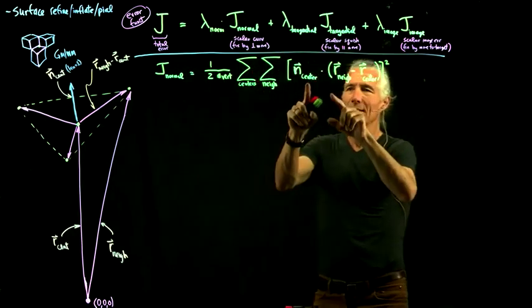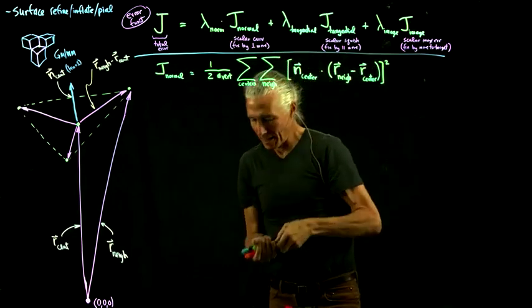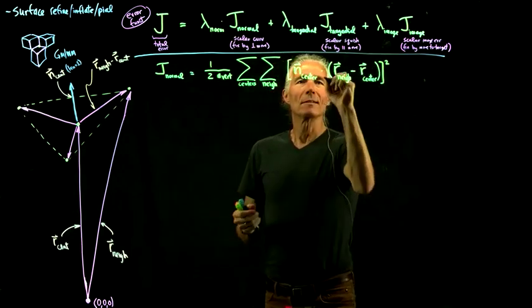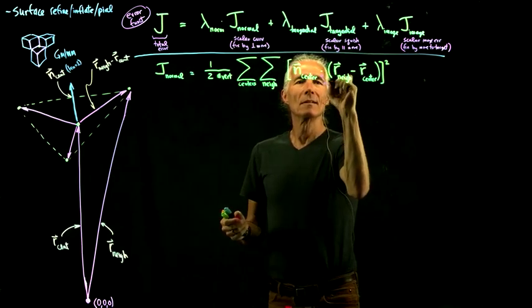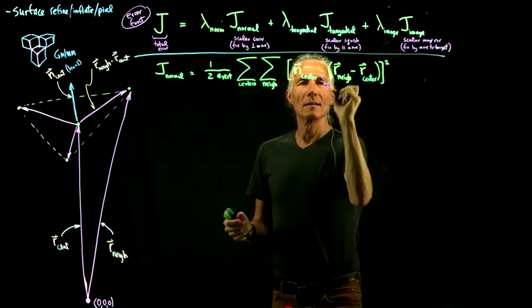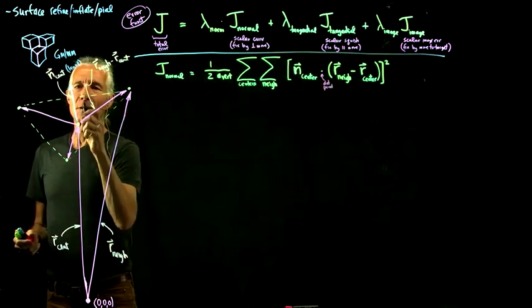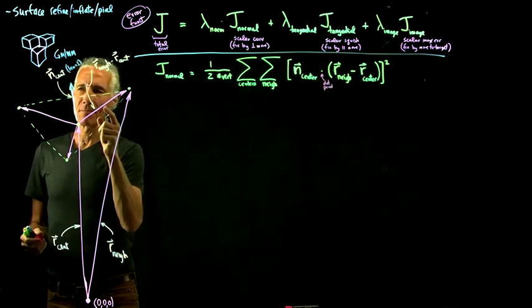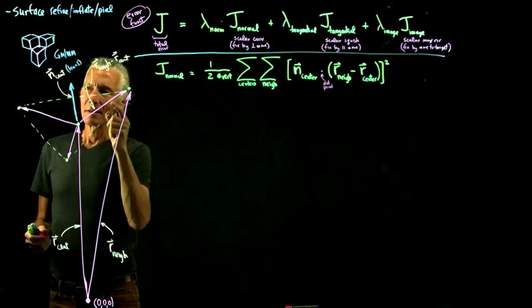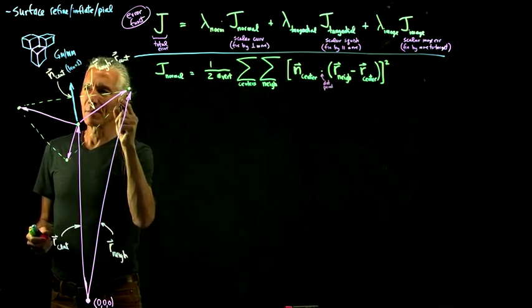What this means here is do a dot product. So this is the dot product of those two vectors. And so what are those two vectors? Those two vectors were the normal vector here and the vector going to the neighboring vertex.